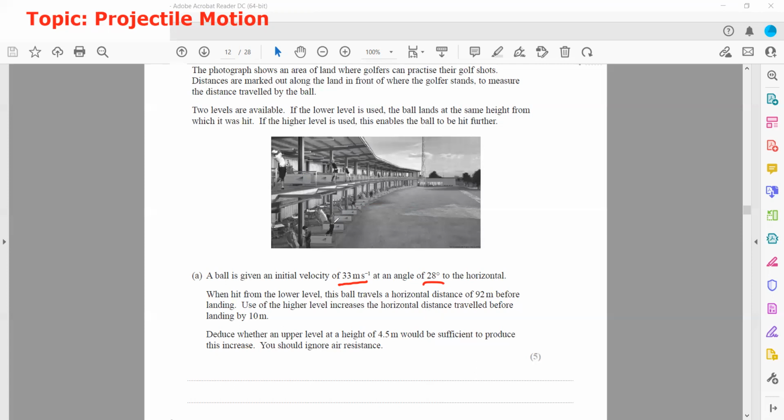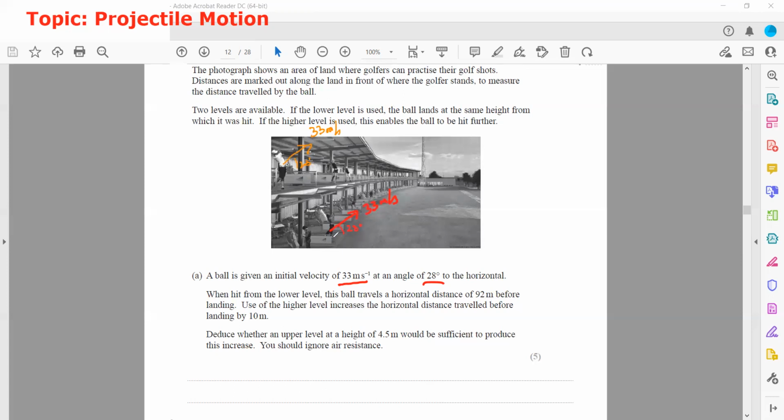So the launching speed is given. The launching speed is 33 meters per second and it makes an angle of 28 degrees. We assume that it is also hit with the same speed, 33 meters per second, and at an angle of 28 degrees.